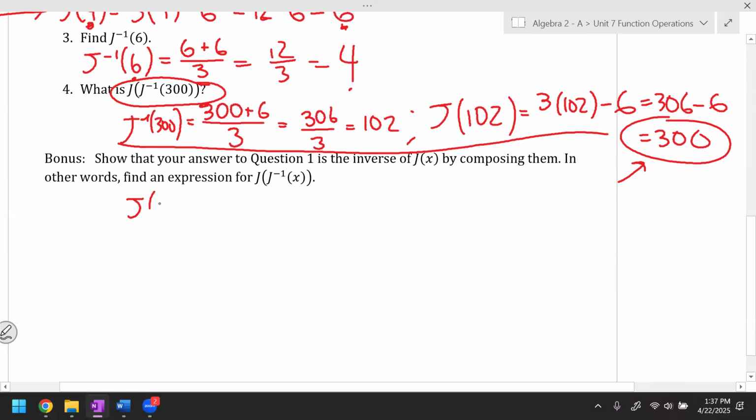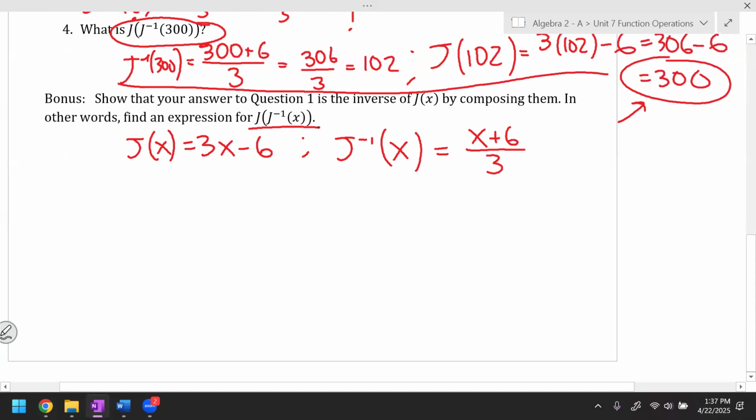So just to remind ourselves, j of x is 3x minus 6. j inverse of x is just x plus 6 all over 3, right? So to find this expression, all I need to do is take this expression and plug it in to that x, just like we did in 7.2.